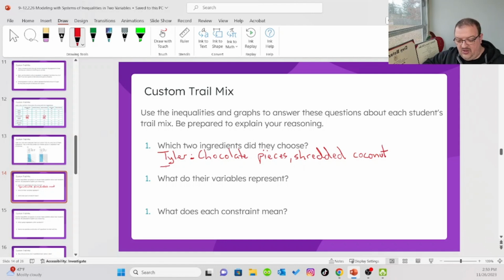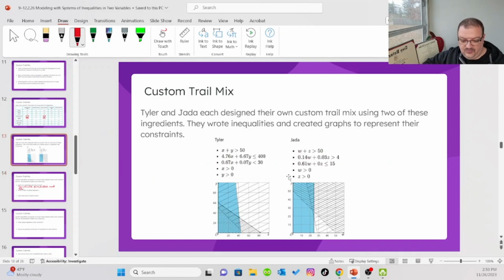Now we need to know what Jada chose. Jada has 0.14 and 0.61.